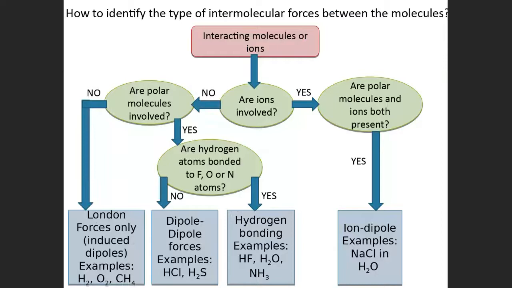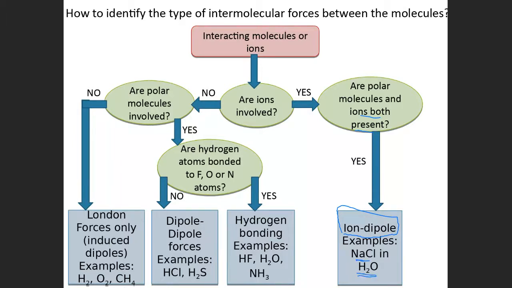So in this map, we can differentiate between the four types of the intermolecular forces. First of all, I will ask myself, in the molecules I have, are there ions? If yes, I'm asking myself again, are there polar molecules and ions both present? If yes, that will be the ion dipole, for example when we dissolve sodium chloride in water.